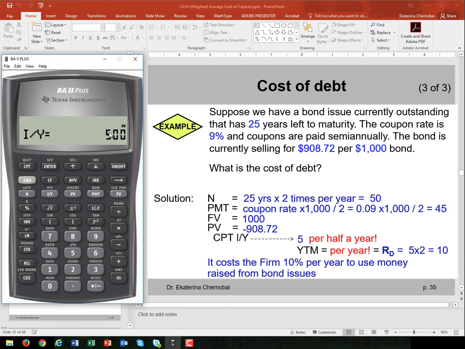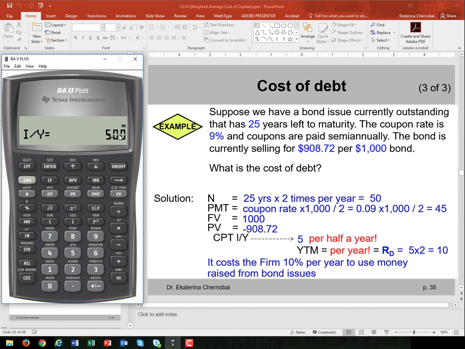5%. However, as this slide then shows, this is not what we call cost of debt, because all these terms that we are learning in this chapter, cost of common stock, cost of preferred stock, and cost of debt, they all are per year. Is 5% the discount rate per year? No, it's per half a year, and that's because of the semi-annual frequency of the coupons for this bond.